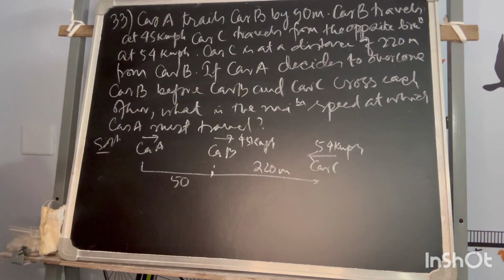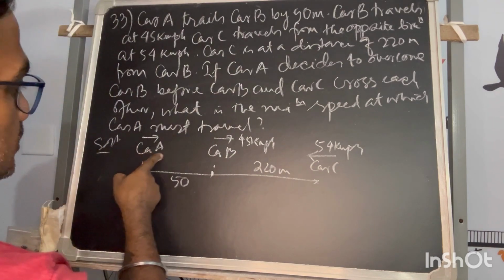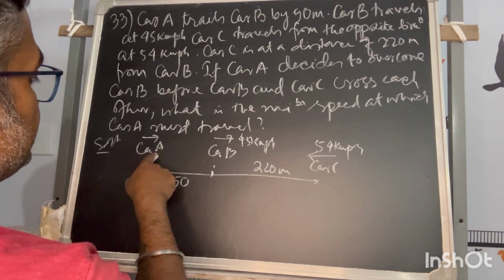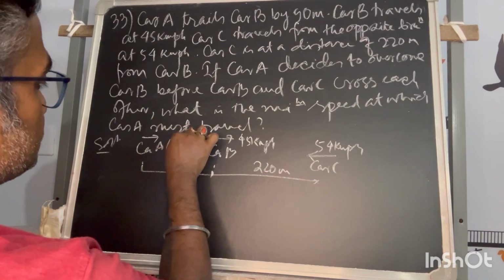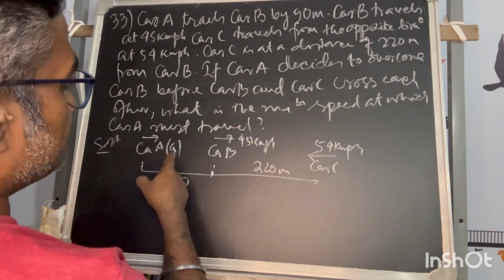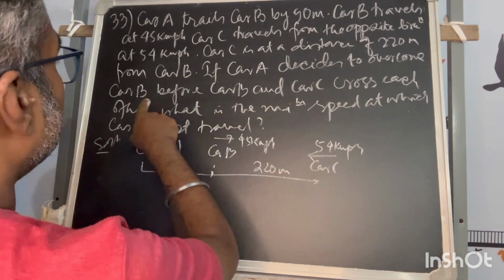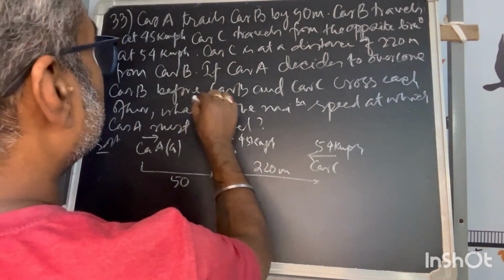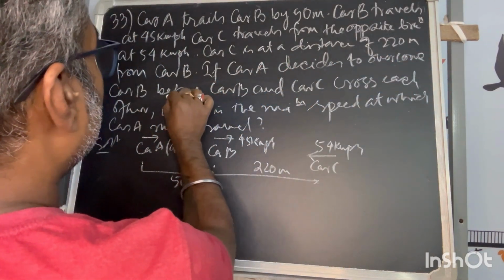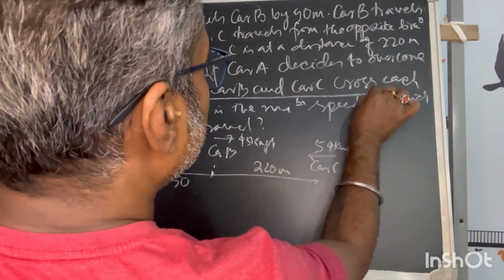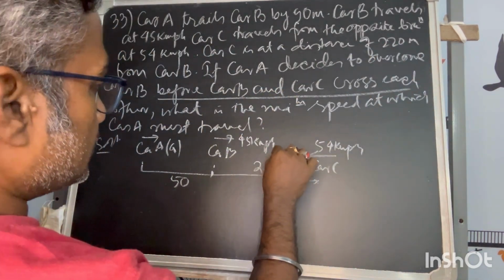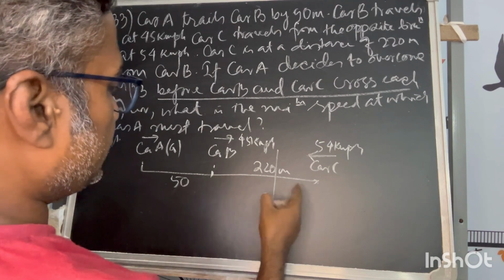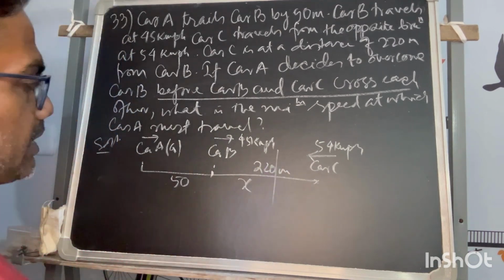If car A decides to overtake, car A is in the same direction, so he can definitely overtake B if he has more speed. I am assuming car A's speed must be more than B's speed, then he will overtake. The condition is that he overtakes before car B and C cross each other. Crossing each other means they meet at some point. Let's say they meet after X distance.